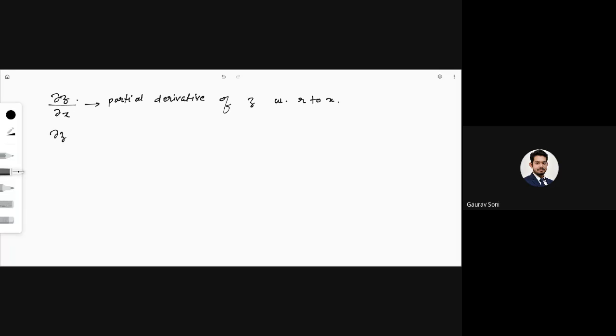So if z is equal to a function of x comma y, in this case x and y are independent variables, and z depends on x and y.